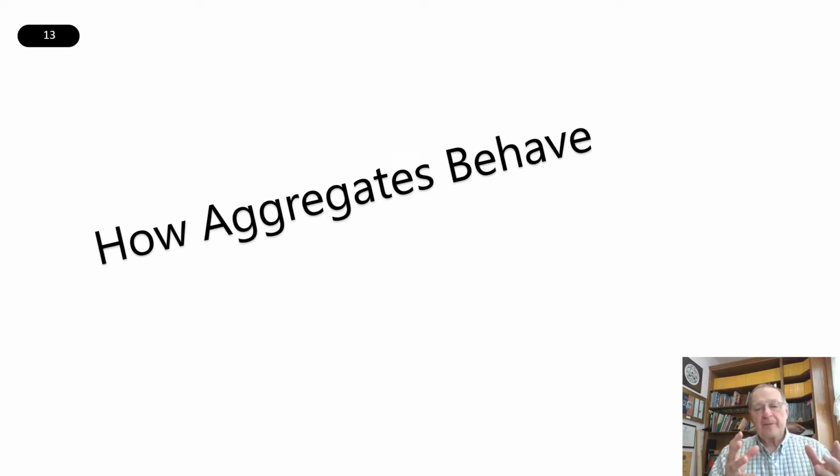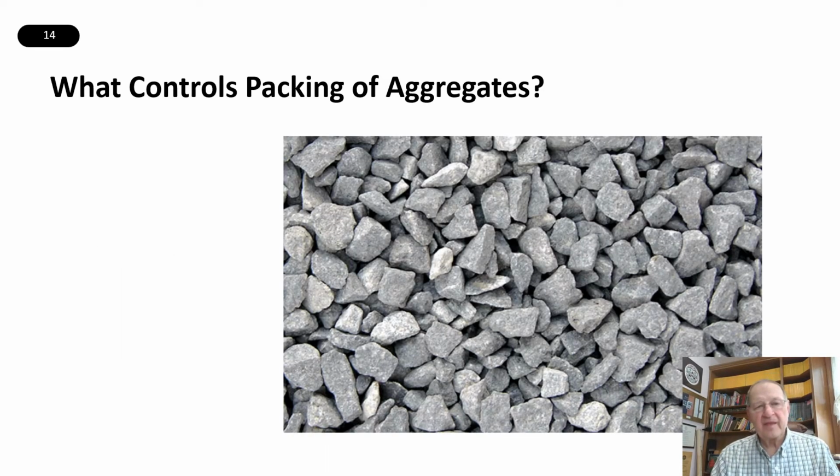Now, mix design is all about how aggregates behave, specifically how they pack together. So let's talk about what it is that controls how aggregates pack together. The number one thing that will control the packing of aggregates is gradation.